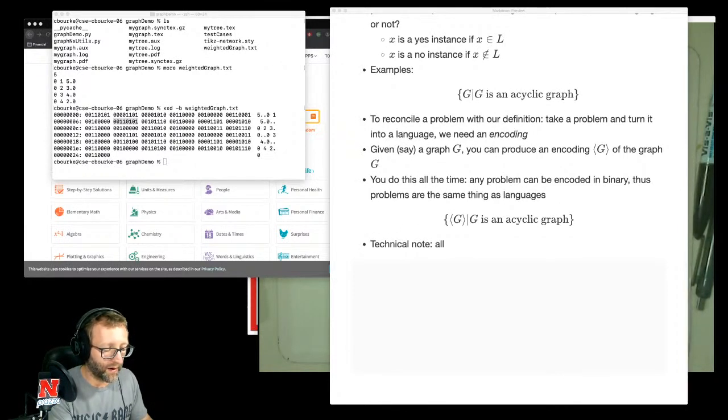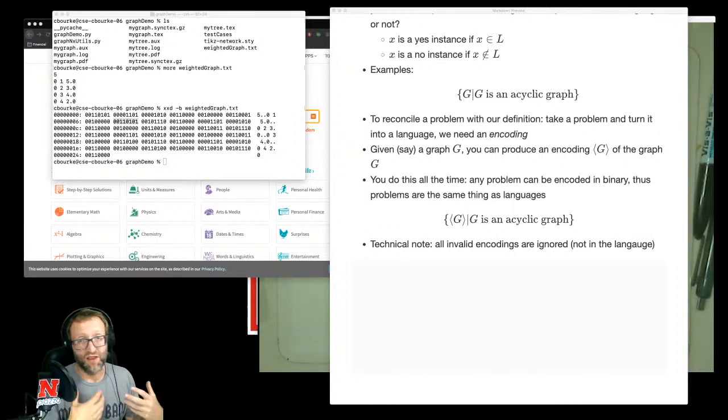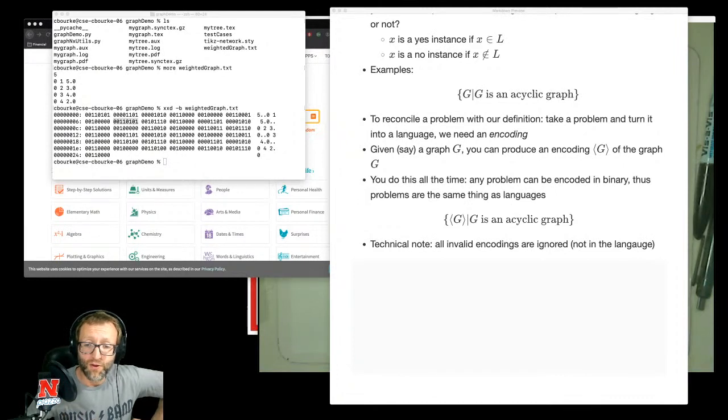All invalid encodings are ignored. Right? They're not in the language. So you could say technically that they're in the complement language. It's just a little technical detail. You can define the complement language to say all G such that G contains a cycle. And that would be the opposite, but then you have this disconnect.